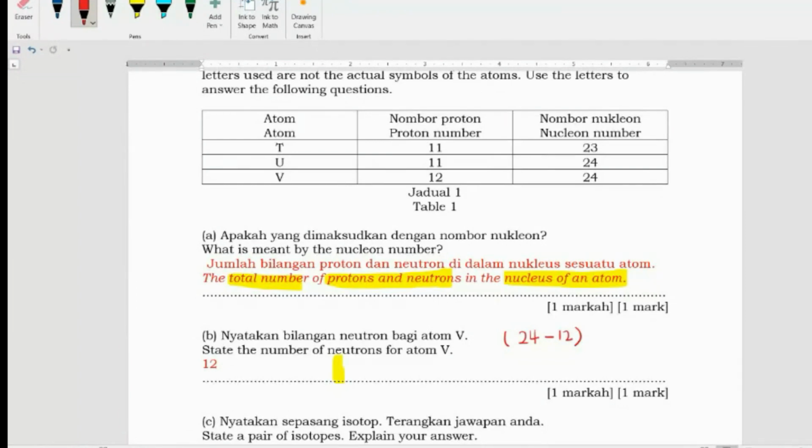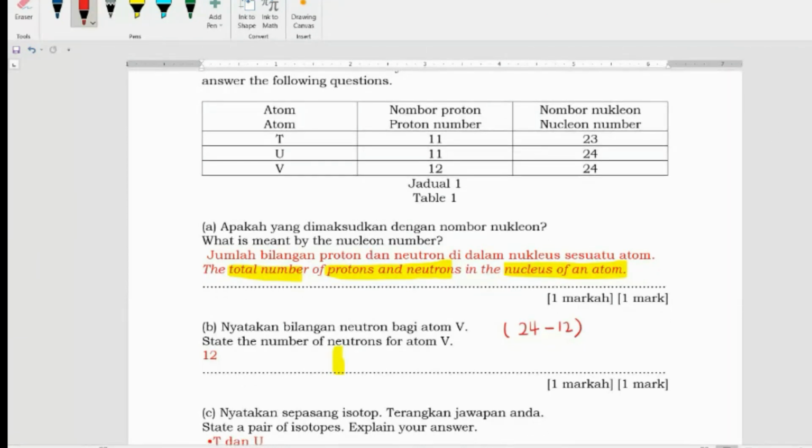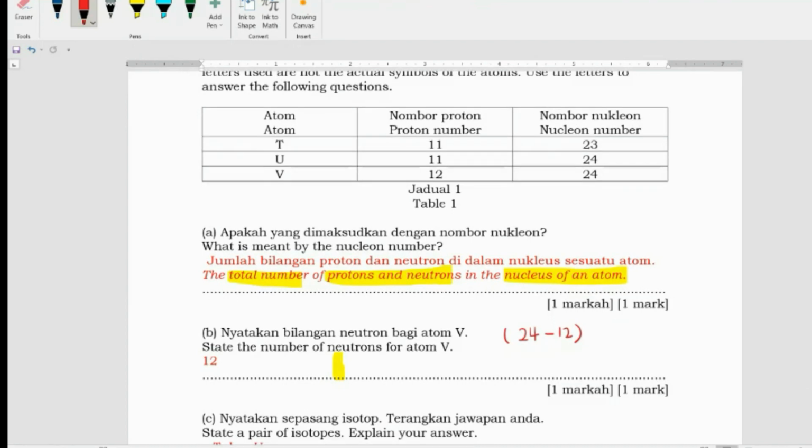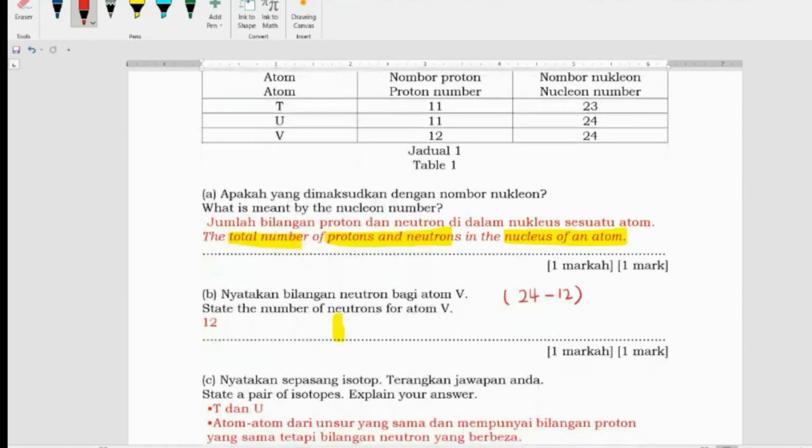Okay, next. Can you try to answer this question? Read the question, please. State a pair of isotopes. Explain your answer. T and U. Okay, why? Because they have same number of proton but different nuclear number. Sini dia beri nuclear number, right? Kamu boleh juga sebut sini, ataupun kamu pakai neutron tadi pun boleh. T and U, correct.